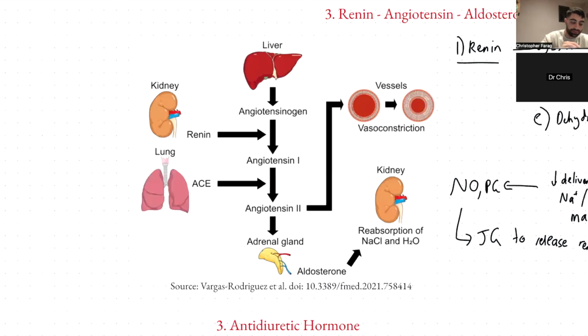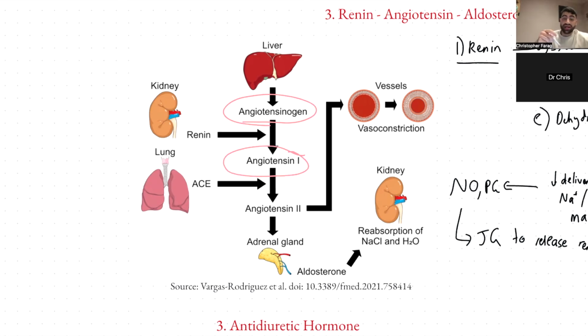Renin will help to convert angiotensinogen, which is a protein made by the liver. It cleaves it off in order to turn it into angiotensin 1.